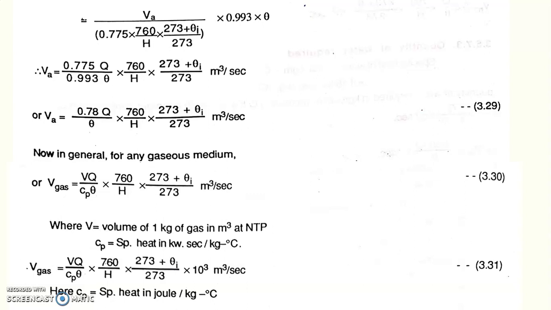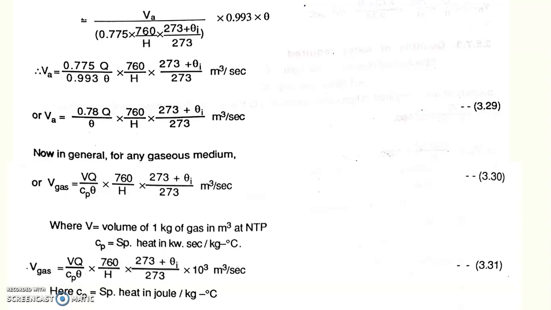0.993 is the specific heat of the dry air. So for any other gases, you can put here the specific heat of that particular gas. So you can change it for any other gases also, as we will see next.